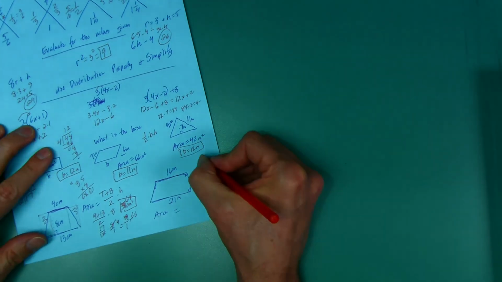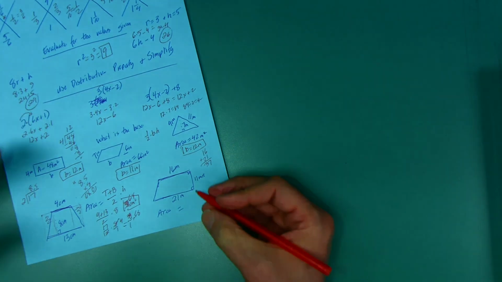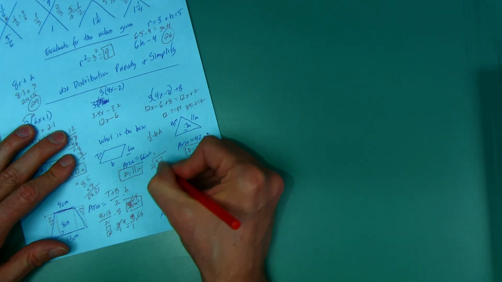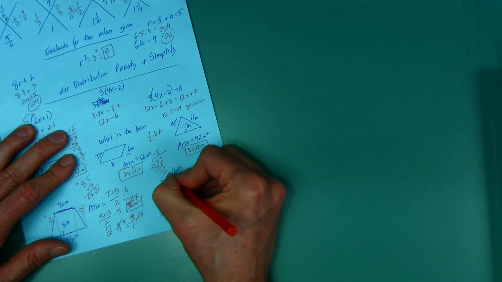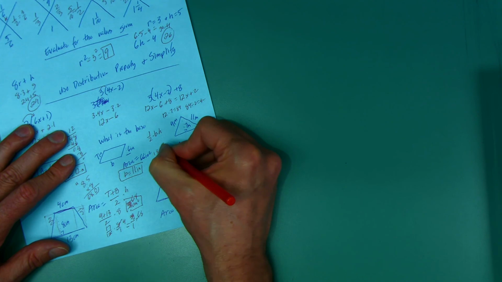Same idea here. 16 plus 21. 37. I'm going to cut that in half. Two goes into 17 8 times. That's 16. I get a remainder, so I'm going to add a decimal, bring it up, add a 0, bring it down, and 2 goes into 10.